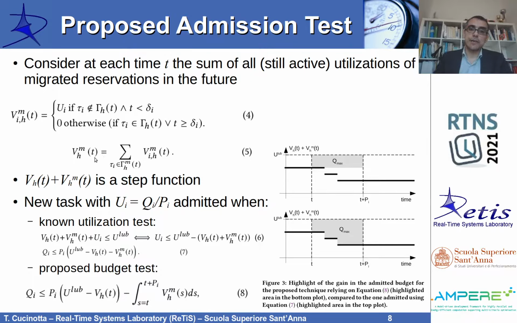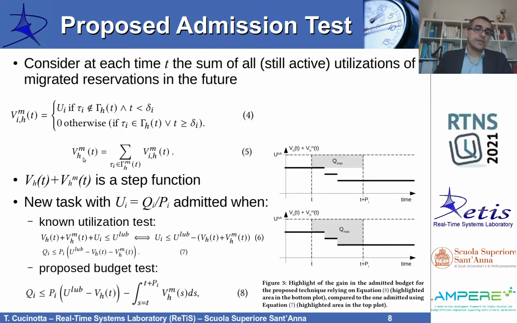Fundamentally, this function can be stored as a set of pairs, where we have the utilization of a task that left the CPU along with the absolute time delta_i, the zero lag time that task had when it left the CPU.